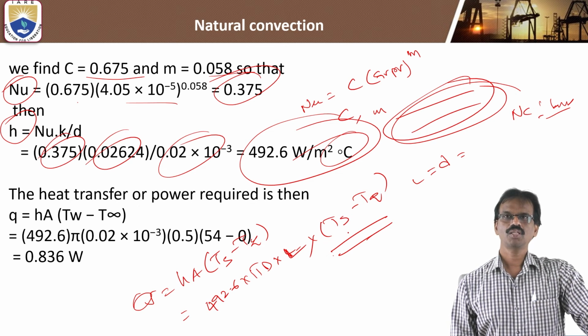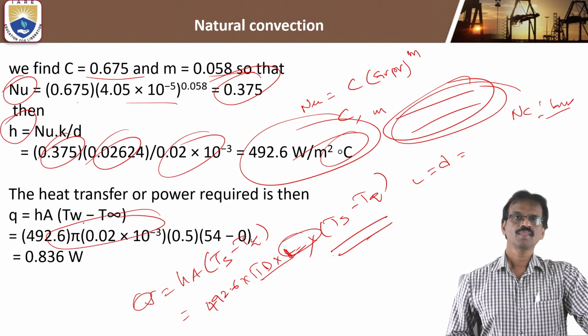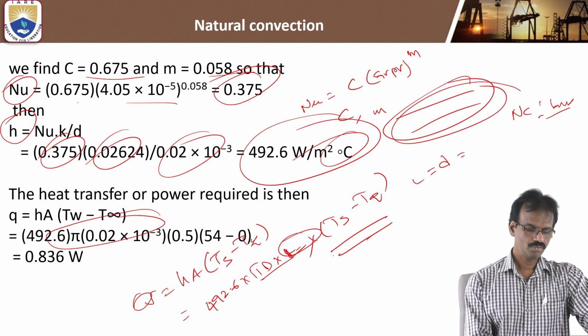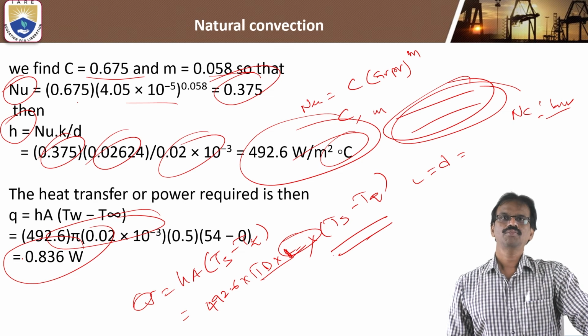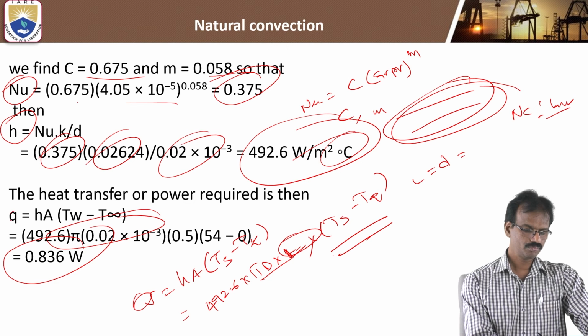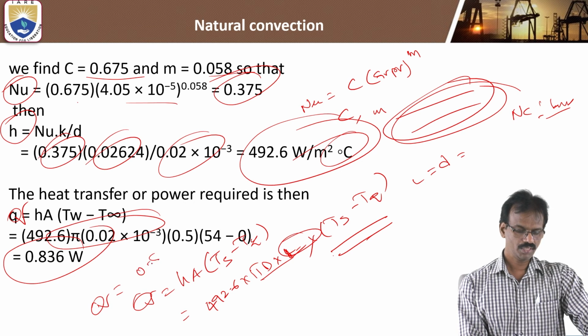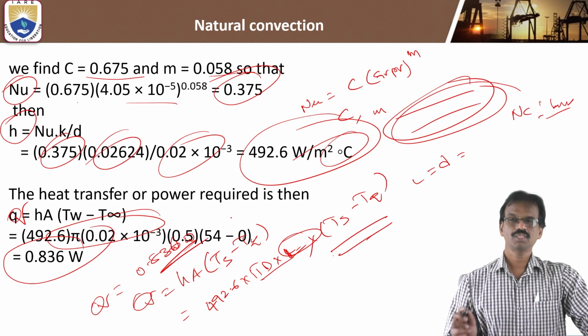If you substitute all the values, you will get the rate of heat transfer Q. The rate of heat transfer Q is equal to 0.836 watts.